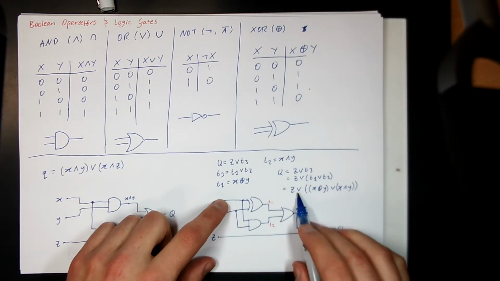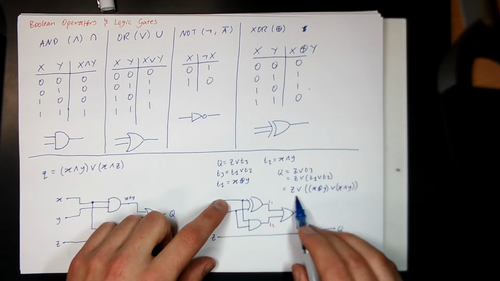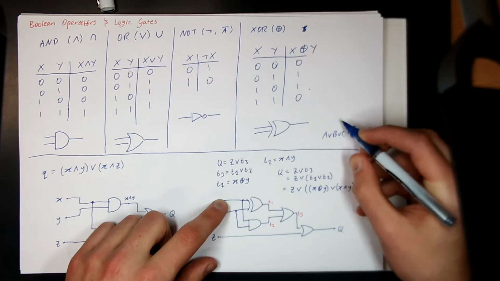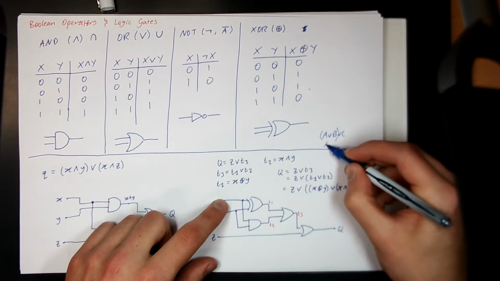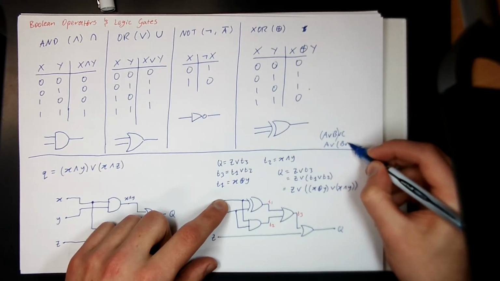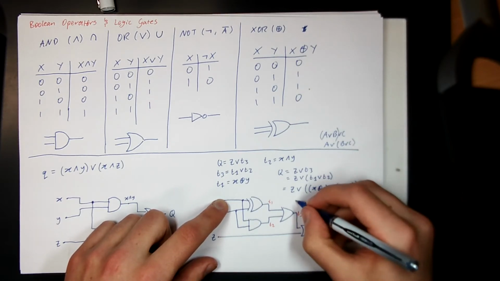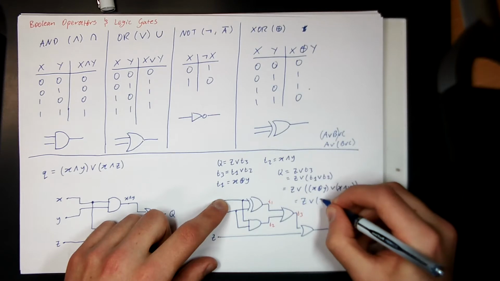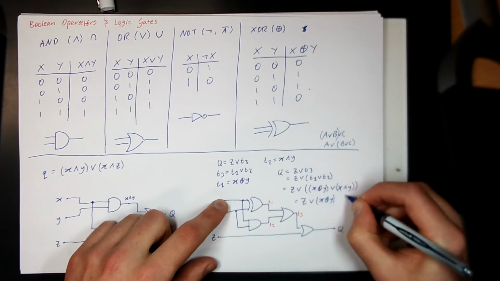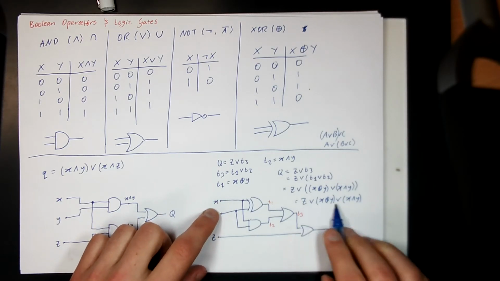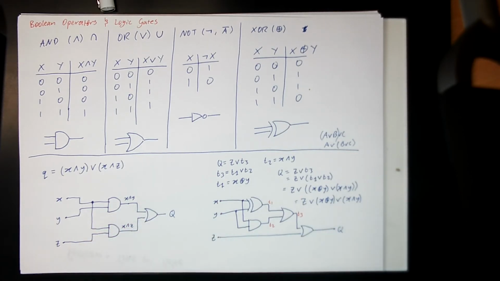Now, because a logical OR is associative, that is, if you have A or B or C, and you bracket it this way, or you bracket it this way, the end result is actually the same. We can drop this set of brackets here. And there we go. So this would be the Boolean expression for this circuit here.